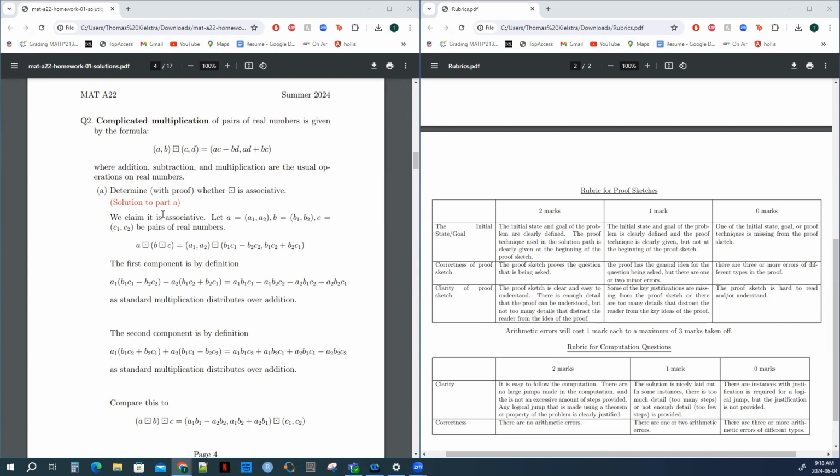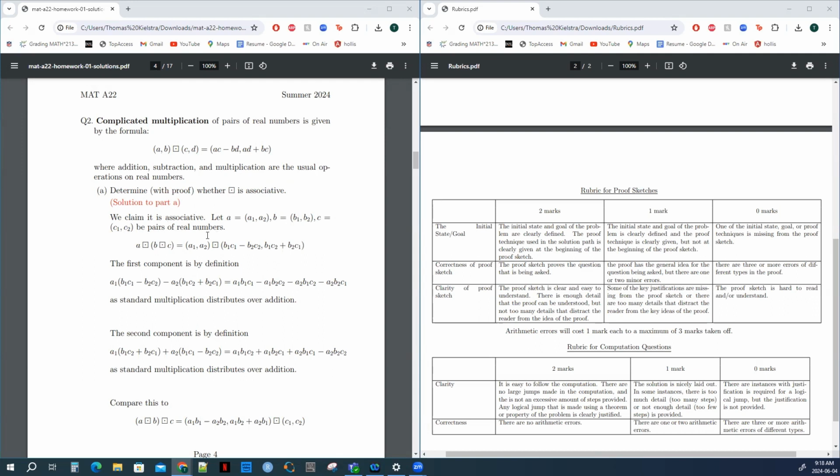And we claim that it is associative. And we let there be 3 real numbers. And then we look at the addition and multiplication, or the dot box operator, in this way, in the left and right side, sorry.